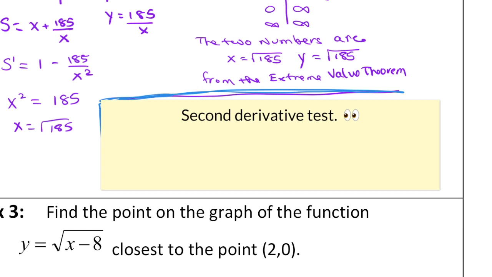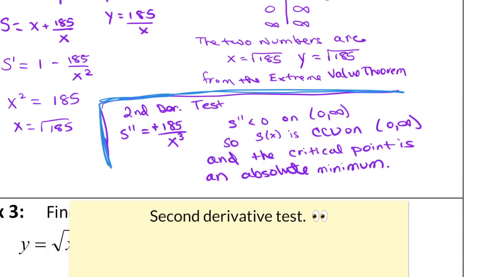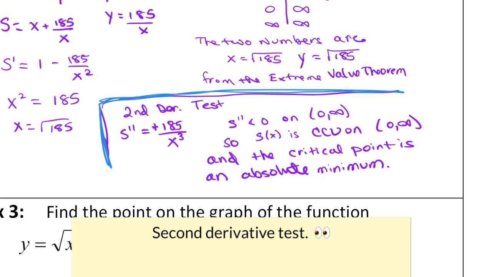All right, so let's take a look at the second derivative test, which is another way that you can justify your answers. So as you take a look at the second derivative test, you of course find the second derivative. Notice the second derivative in this problem was always positive. So we can say that because the second derivative is greater than 0 on 0 to infinity, s of x is concave up on 0 to infinity.